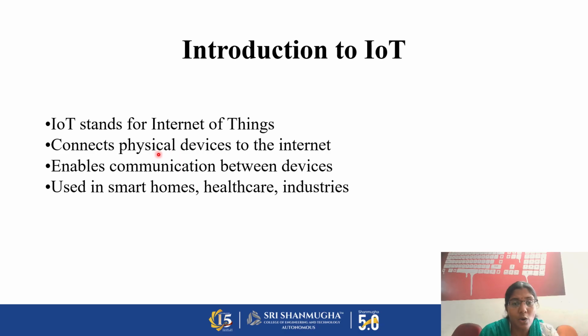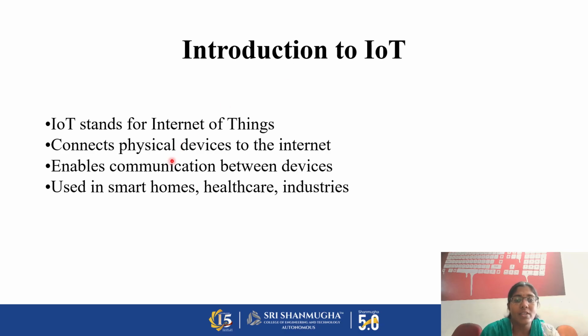Okay, so these are all the physical devices that can be connected to the internet. So this IoT enables n number of devices to be connected together to your internet, right? So those devices will communicate with each other with the help of this IoT.